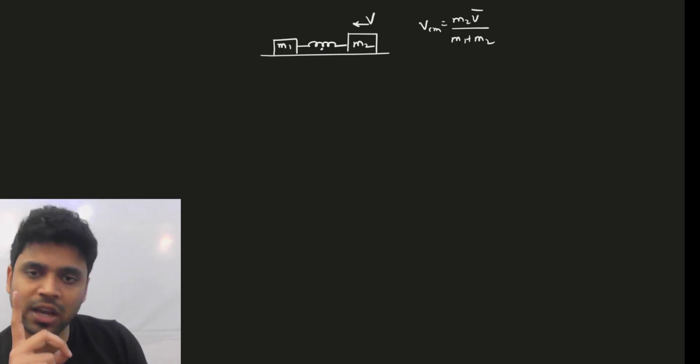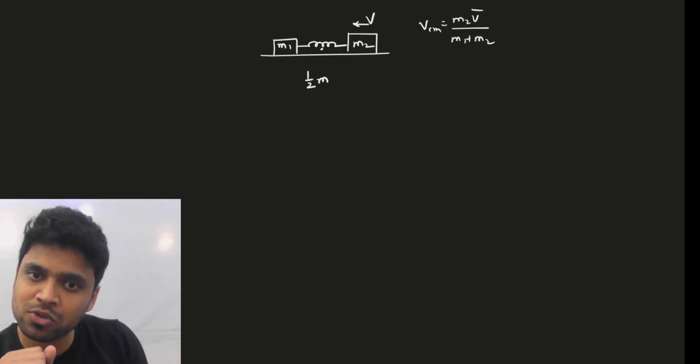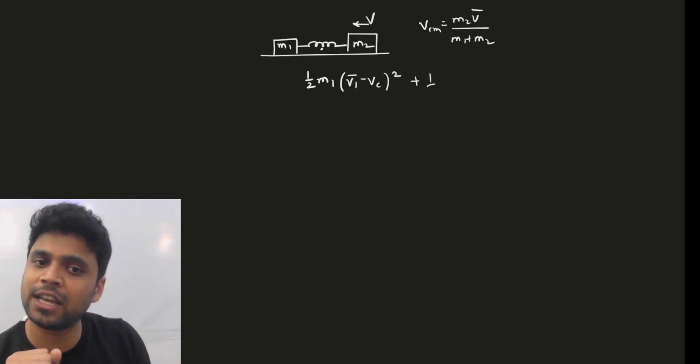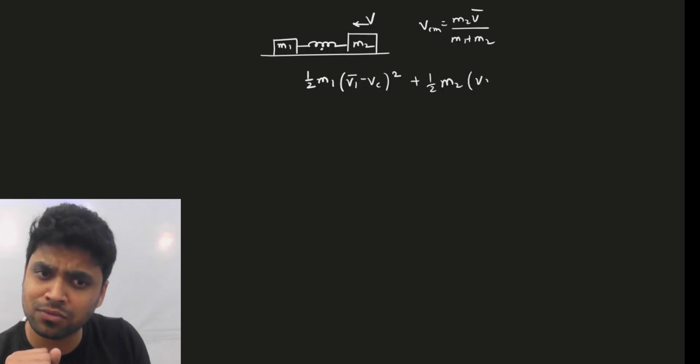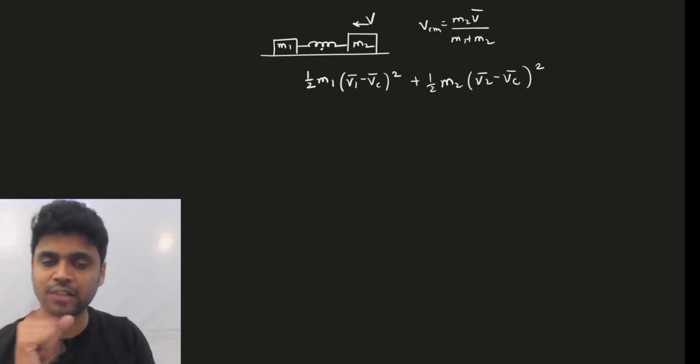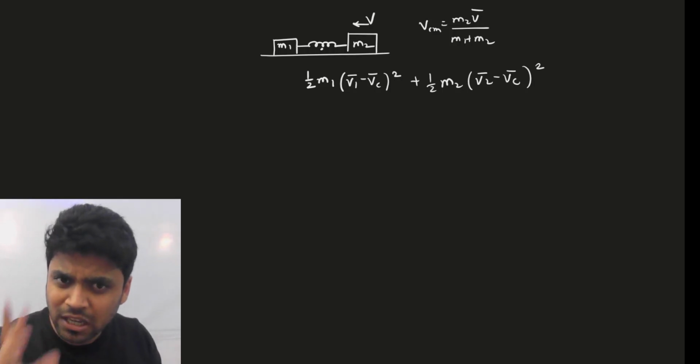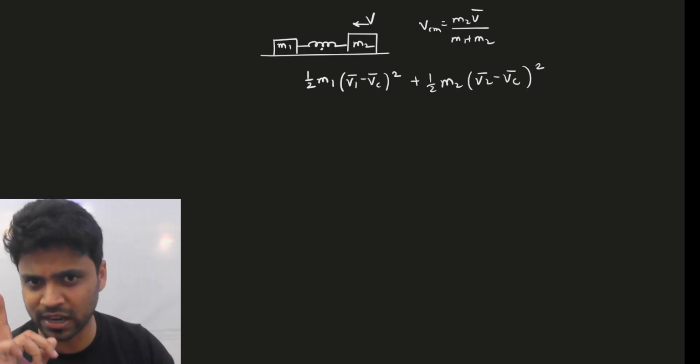Now if I talk about the kinetic energy, it's going to be half times m1 times v1 bar minus velocity of center of mass whole square, plus again it's going to be half times m2 times v2 bar minus velocity of center of mass whole square. I hope you are getting till this point, students. So at the initial instant, at t equals 0, the speed of the block v1 is 0. I can say that, right?